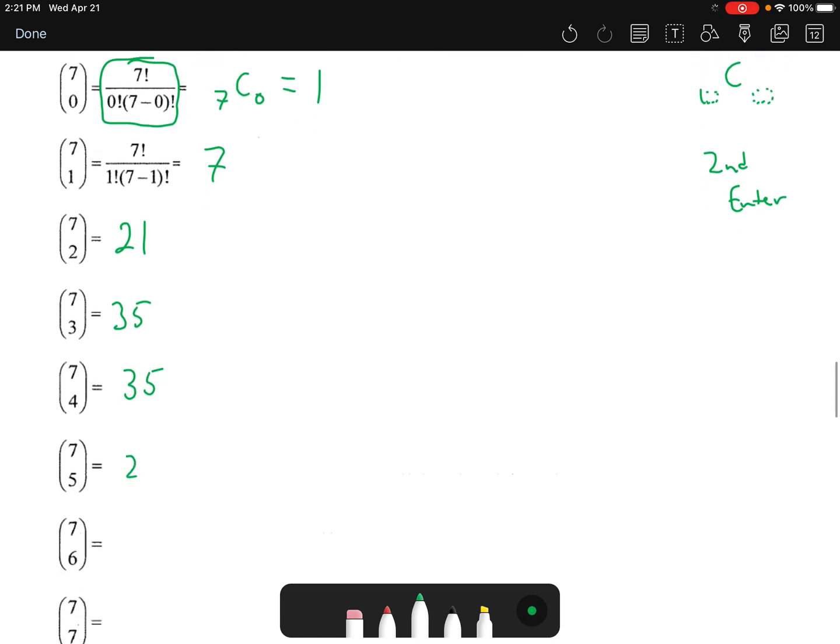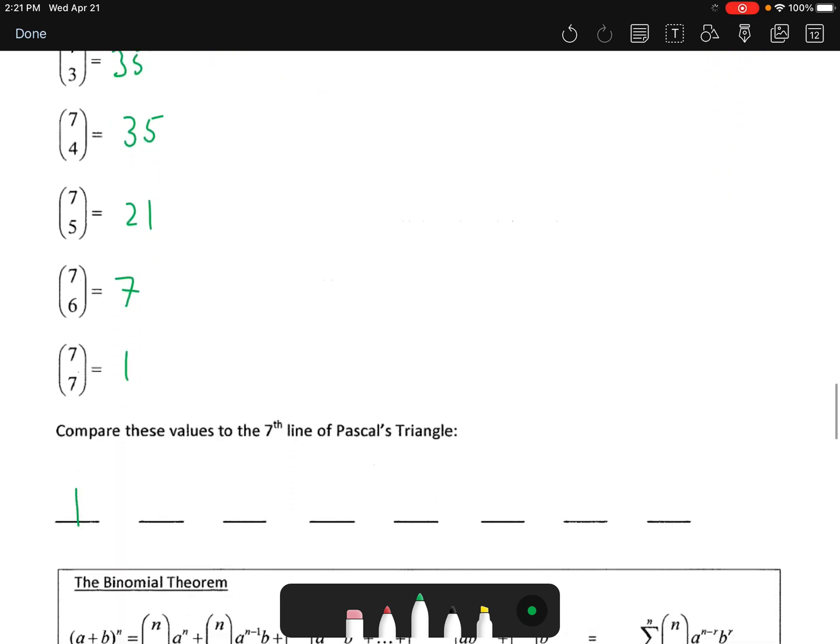So you can see the pattern. It'll be 21, 7, and 1. Comparing that to Pascal's triangle, 1, 7, 21, 35, 35, 21, 7, 1, it is the exact same thing.